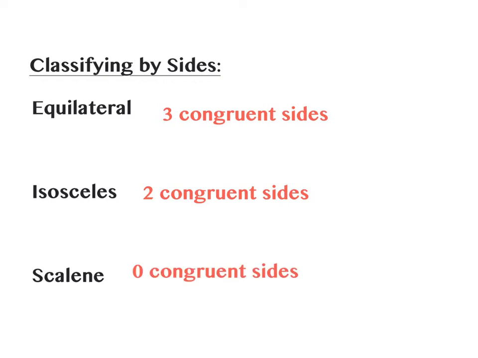They would be drawn and labeled like this. An equilateral: congruent, congruent, congruent. Isosceles: congruent. Scalene: no congruent sides.